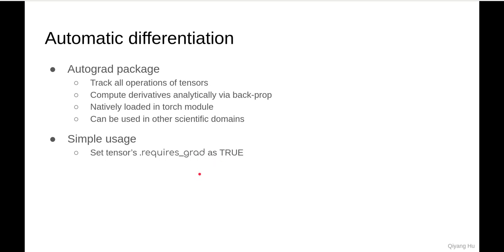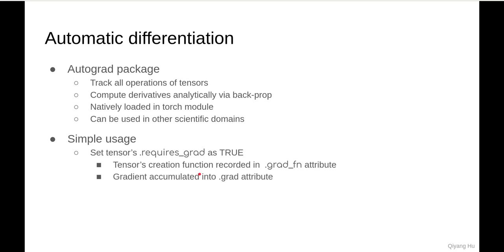By explicitly setting requires_grad to be true, PyTorch will compute the derivatives of the loss throughout the chain of functions, the computation graph, and accumulate their values in the grad attribute of those tensors, the leaf nodes of the graph. Each tensor has a .grad_fn attribute that references the function that created the tensor.